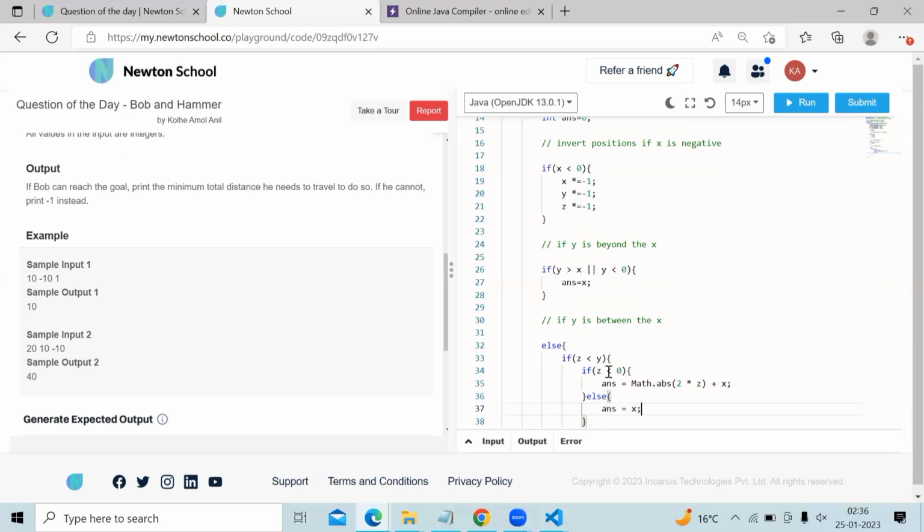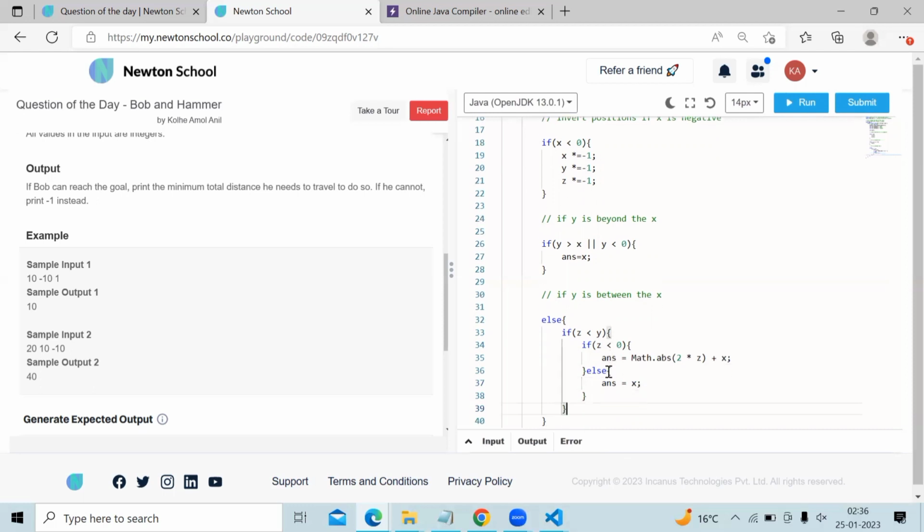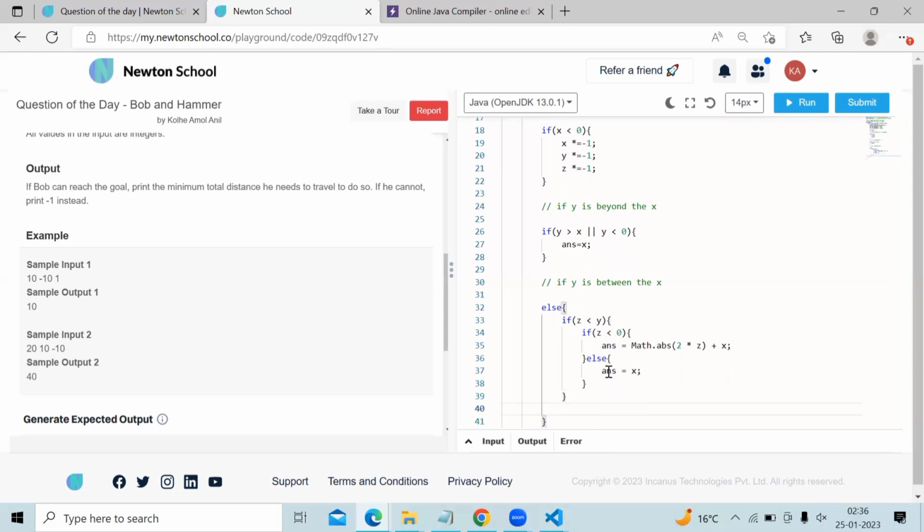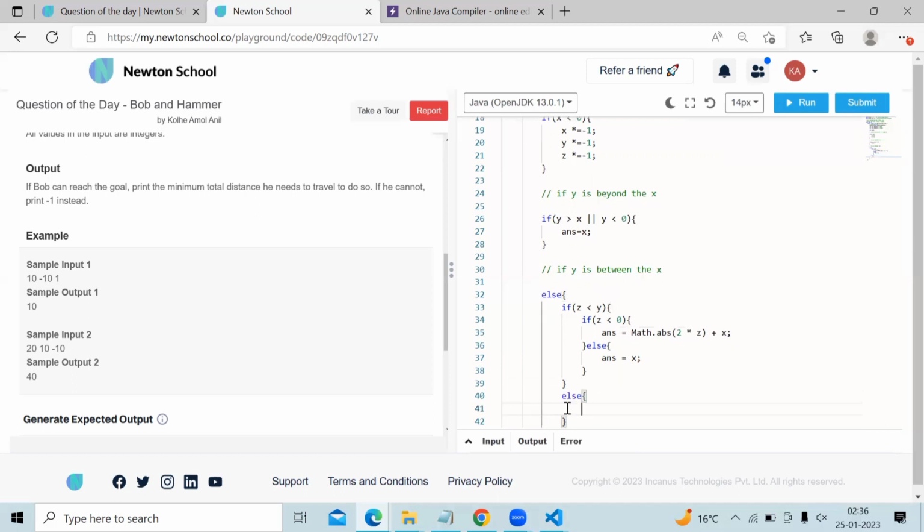Okay, this is the else, this is the if condition. Then here I will write one else condition, and inside this else condition simply I will assign -1.